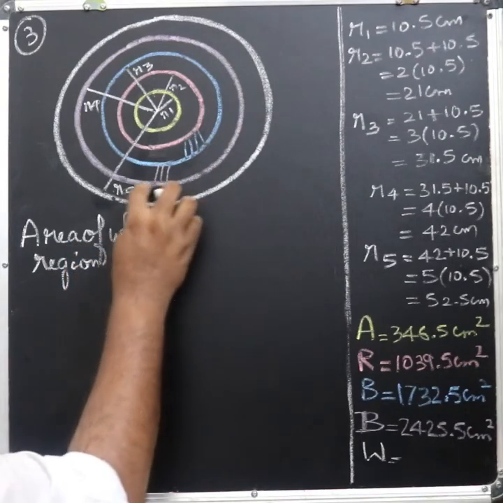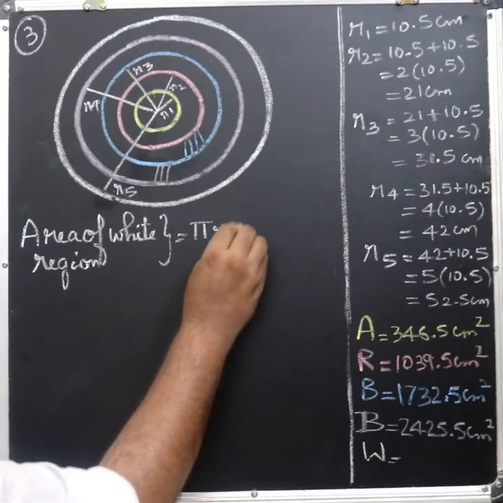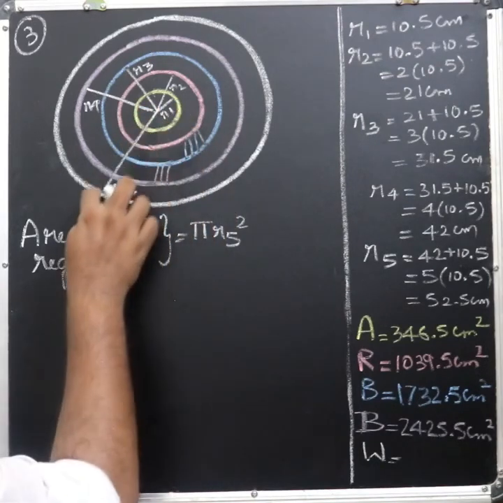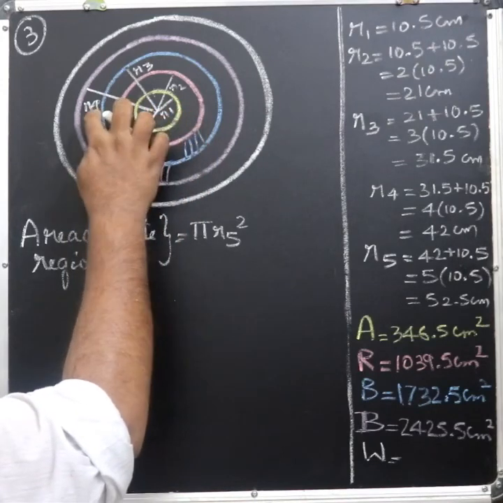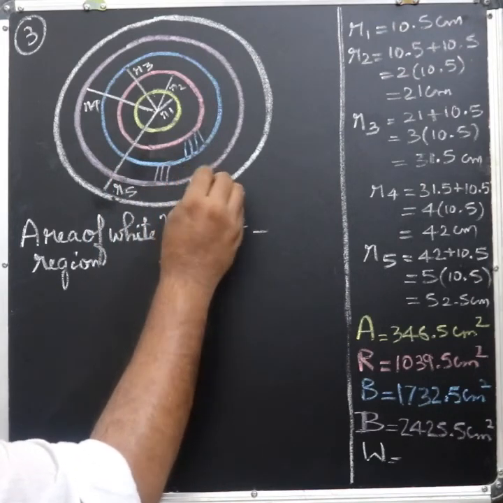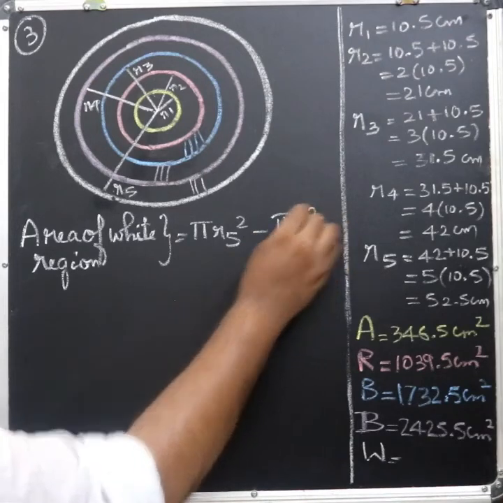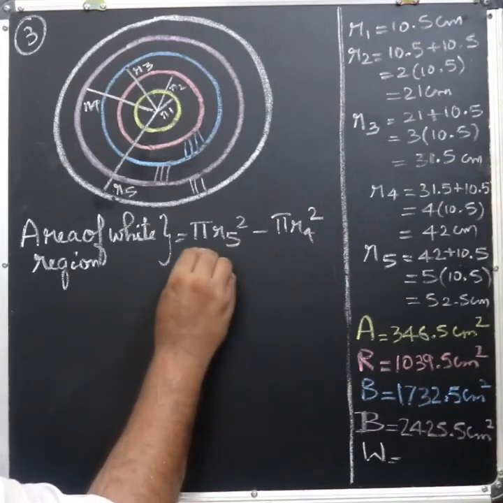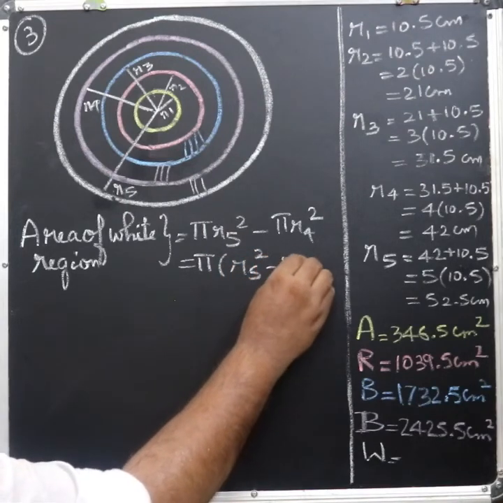This is going to be, this is the fifth radius. So we are going to have pi r5 squared. From this radius 5, you are going to subtract this entire area of up to radius 4. So this remaining area is going to be the white region, pi r4 squared. When you pull out pi commonly outside, you are going to have r5 squared minus r4 squared.